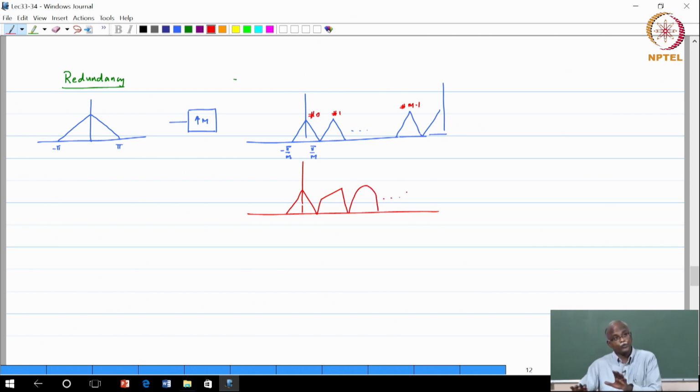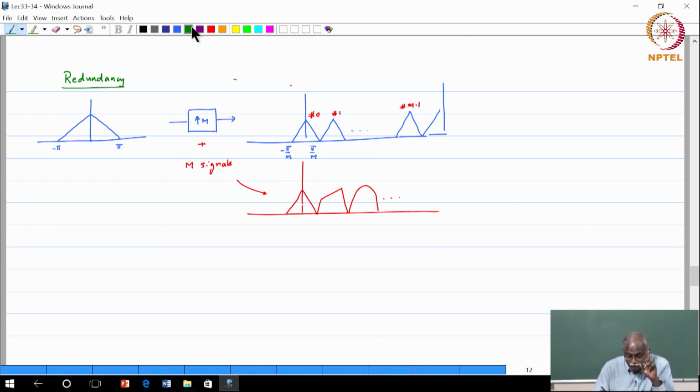So if you used the upsampling by a factor of m and we combined it with m signals, then this is what we would get. Okay, there are no gaps in the spectrum. So basically you use the resources optimally.